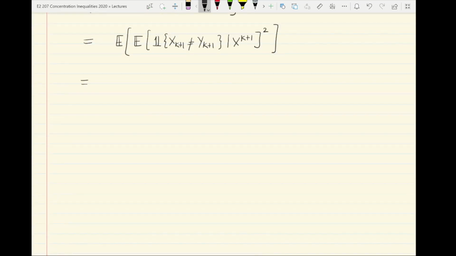Okay, now what we can do is write the inner conditional expectation as a further conditional expectation, where in the first level you take the expected value of xk plus 1 not equal to yk plus 1, conditioned on two things. One is xk plus 1 as usual. To it we add an additional yk.